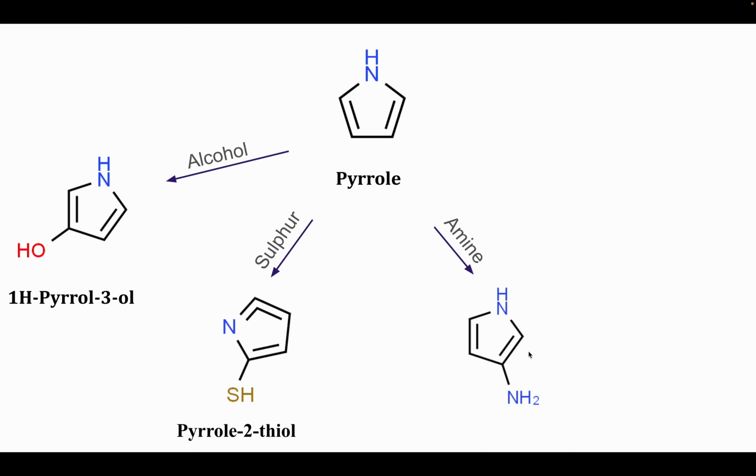So it is a pyrrole having an amine group, that is a primary amine, at the third atom. So you can write 1H-pyrrol-3-amine. For the amine group you will use the suffix amine only, and because it is located at the third position, you will write 3-amine.